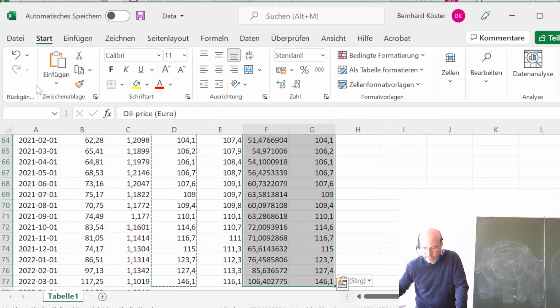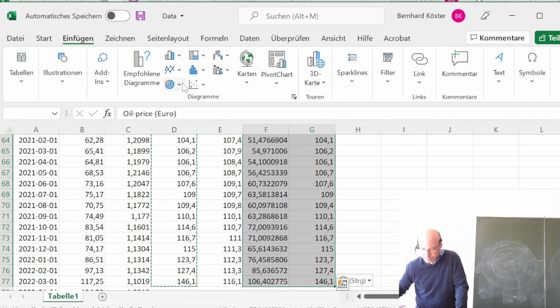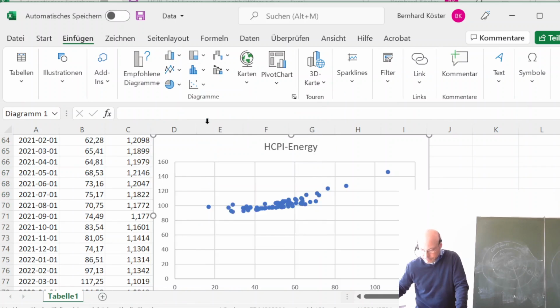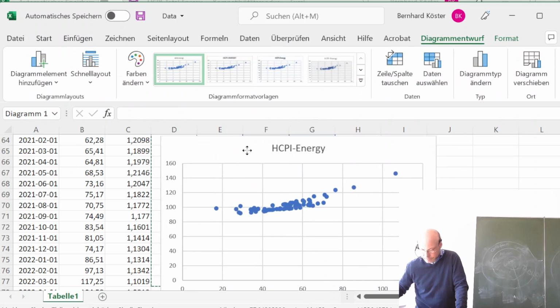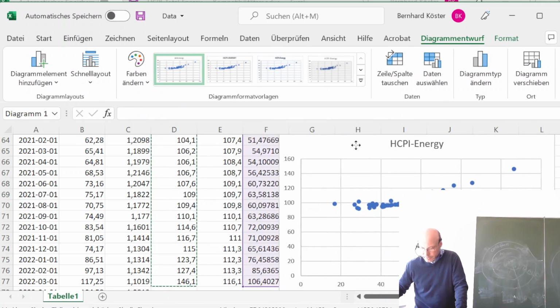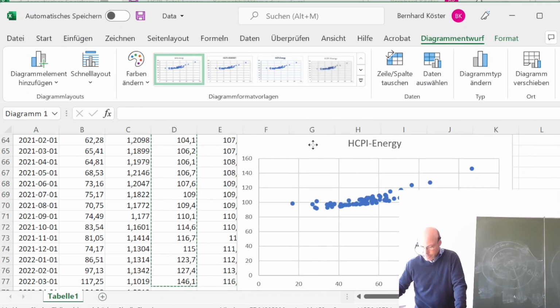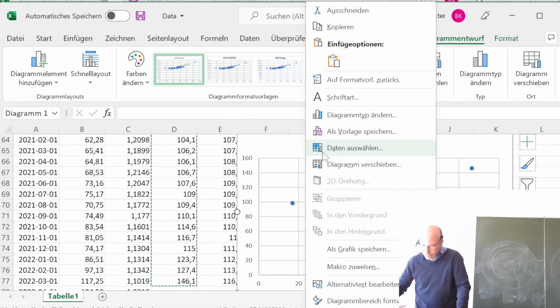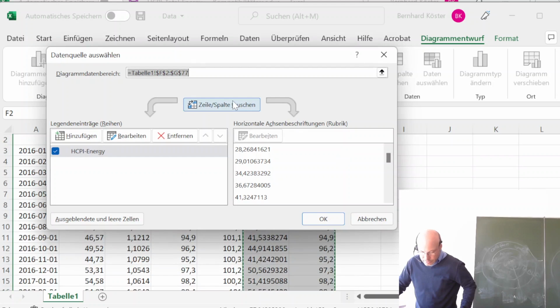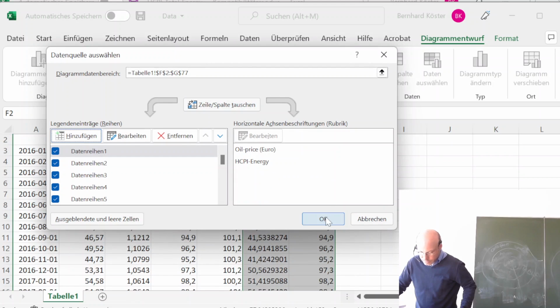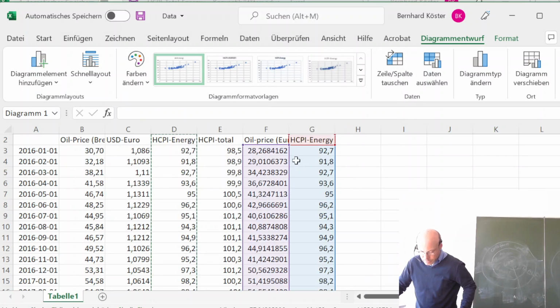Then just have a look at the data. So this is oil price on energy, but we want to have it the other way around. So then let's interchange. No, this was not good.